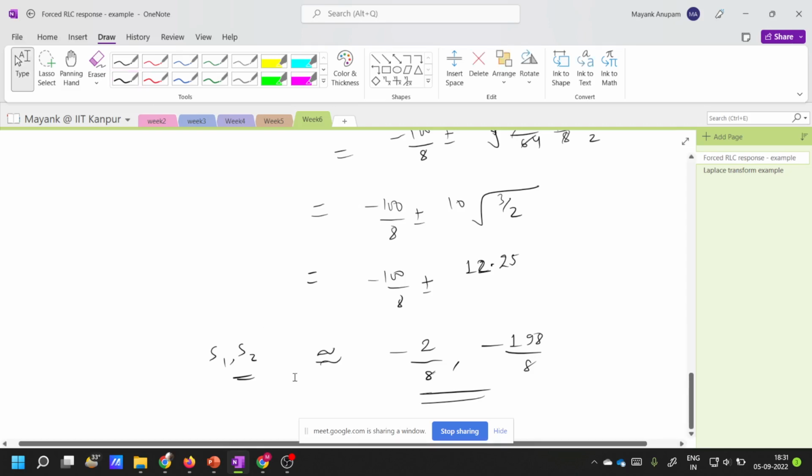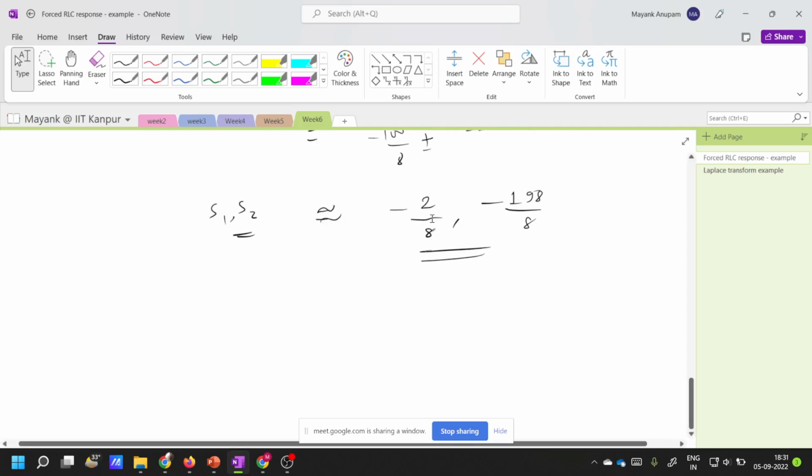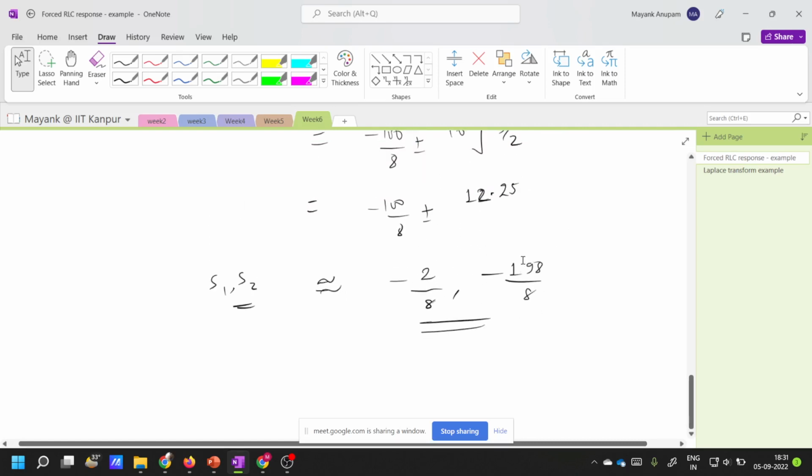Yeah, so 2 by 8 is indeed almost equal to 0, very close to 0. It is equal to 1 by 4, which is equal to 0.25, isn't it? Yeah, you are right. I have not calculated the decimal values. I have just put it in rational form, in terms of fraction.